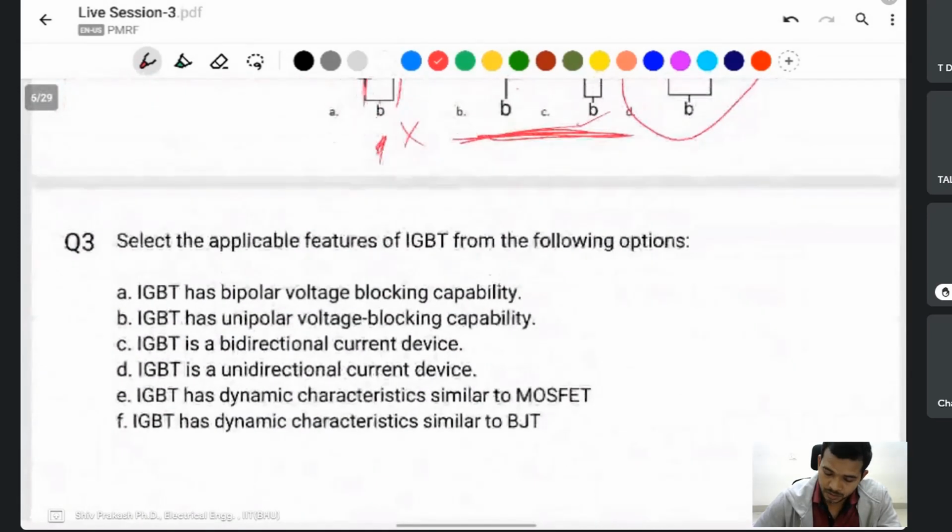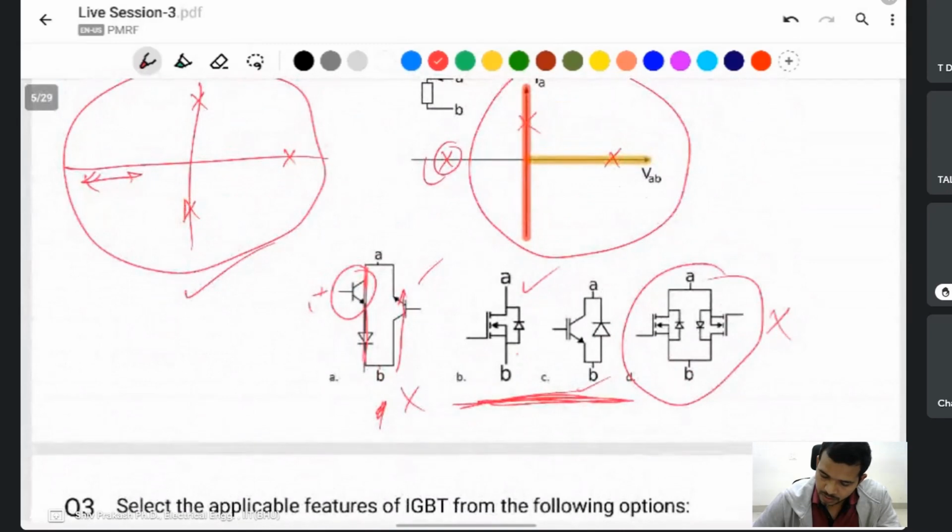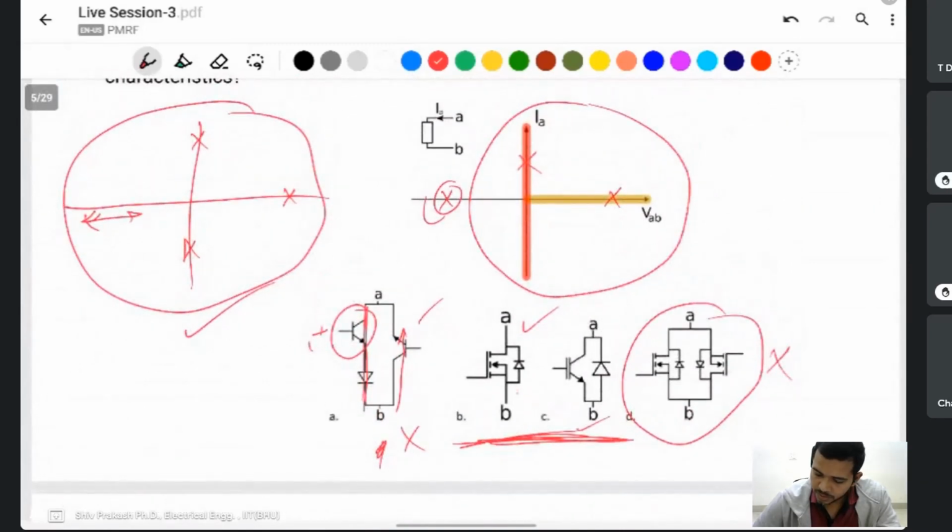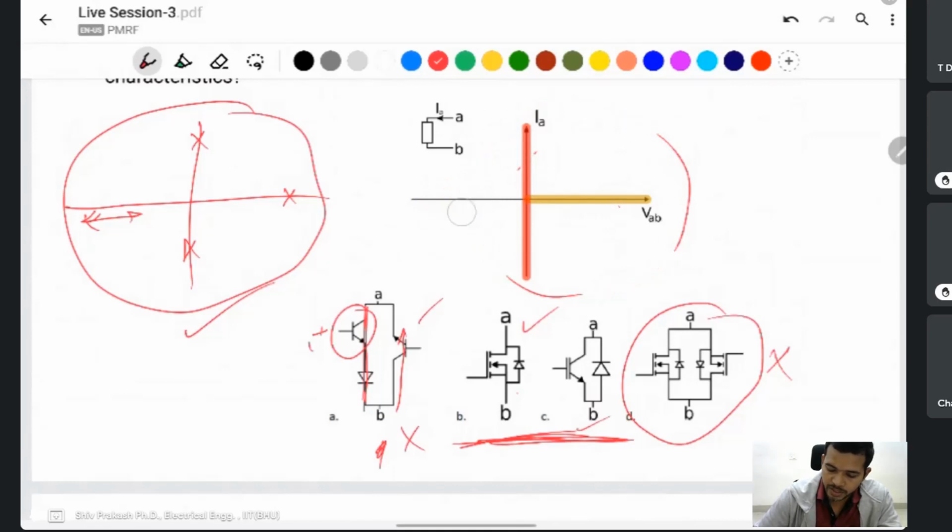Actually, the D option, the last option, can't block the voltage at all, right, sir? In the other configuration you apply the voltage and block the voltage like that.